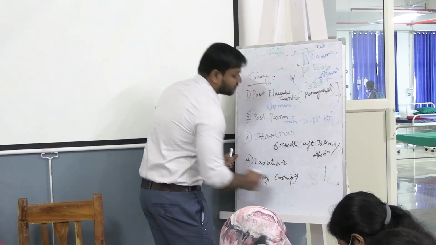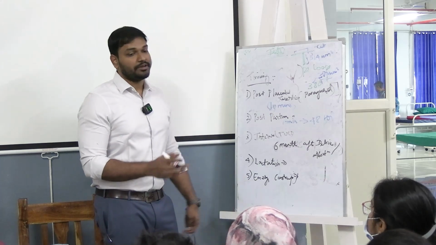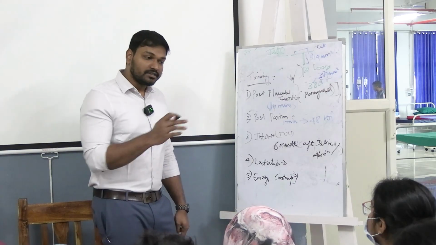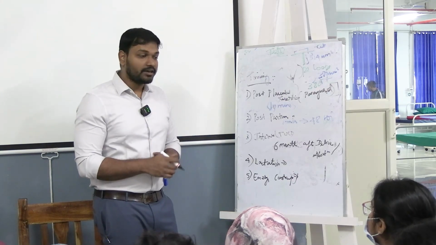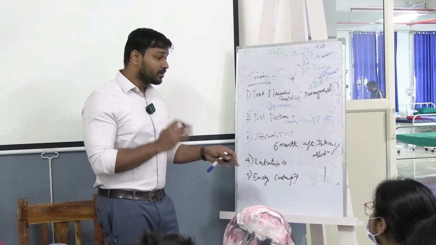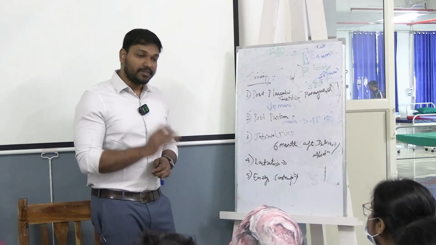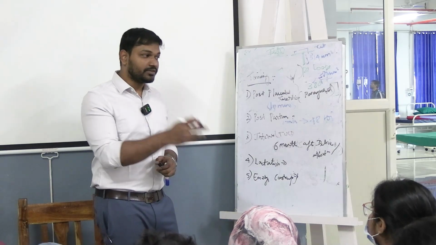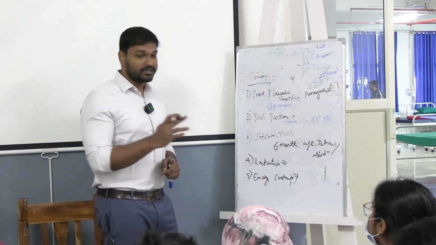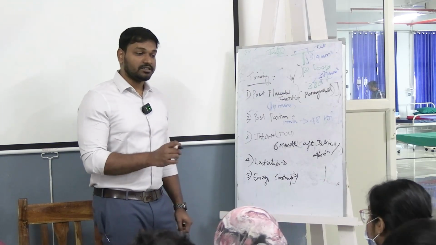What is emergency contraceptive? Emergency contraceptive is when you are not expecting a pregnancy, but there is a sexual intercourse and you don't want to get pregnant. Or when you used a contraceptive device and it failed. If you have used a condom and the condom breaks, at that time you will need an emergency contraception. Copper T is the most effective emergency contraceptive device.